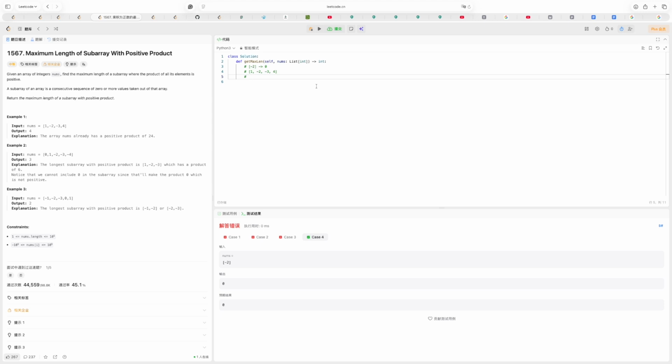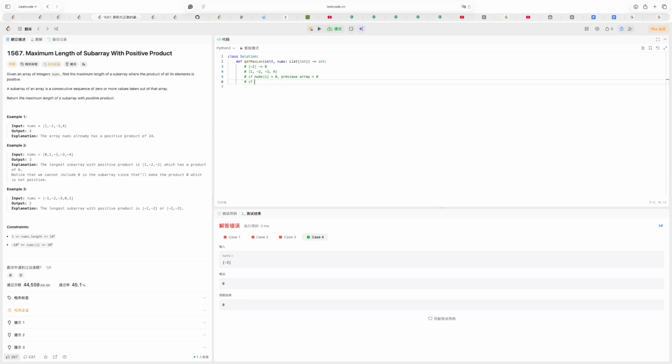So if nums[i] is positive, and 0 does not count as positive, okay, if nums[i] is larger than 0, we want the previous array to be larger than 0.